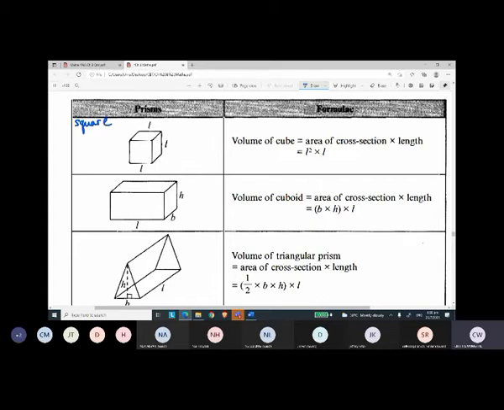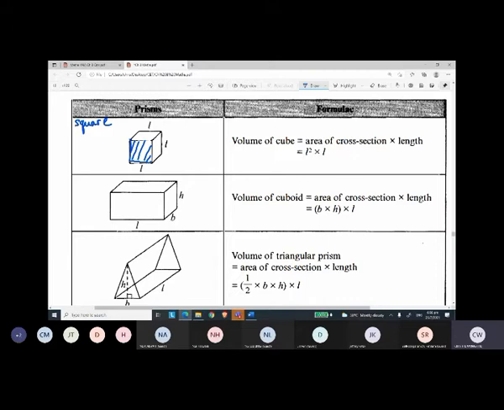The reason why I say it's a prism, I think I told you last week, prism, there are two sides the same. So probably you can take the front side. The front side and the back side is the same, isn't it? Am I right? So if I ask you to find the volume of this, all you need to do is take one of the sides which is the same to calculate the area. So you can calculate the area of length times breadth.